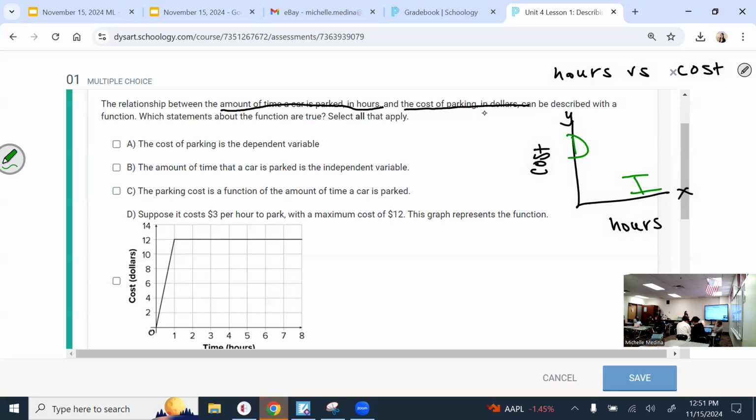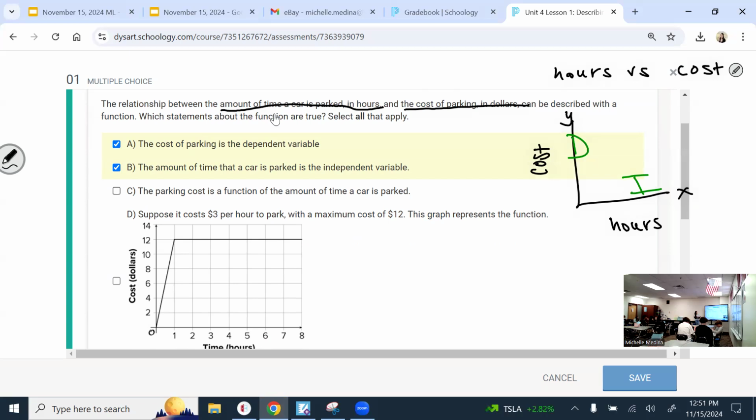It is, because when I make my little graph, it goes here, and I can make it be with the y-axis, not with the x-axis. So I will select that as one of the answers. The amount of time that the car is parked is the independent variable. Do you guys agree with that? Okay. The parking cost is a function of the amount of time a car is parked.